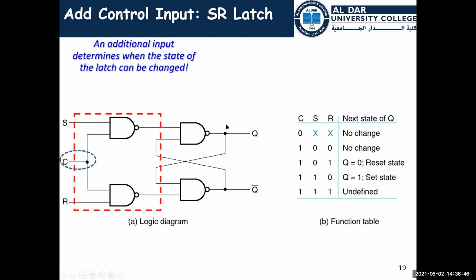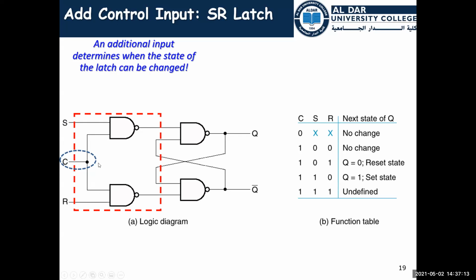To do that, I should have another level of NAND gates. This is the first level that we have previously defined. We should have another level of the NAND gates, and we can connect the control to the NAND gates here.